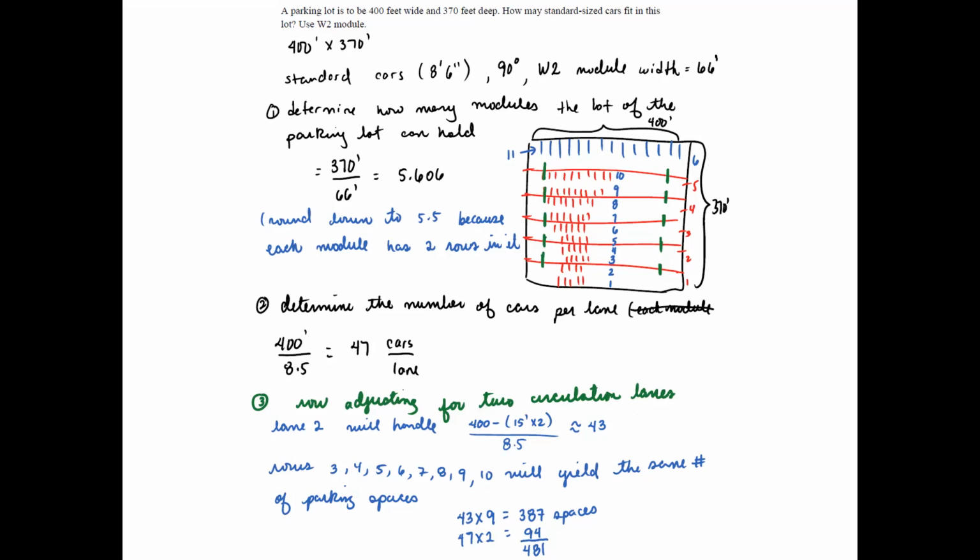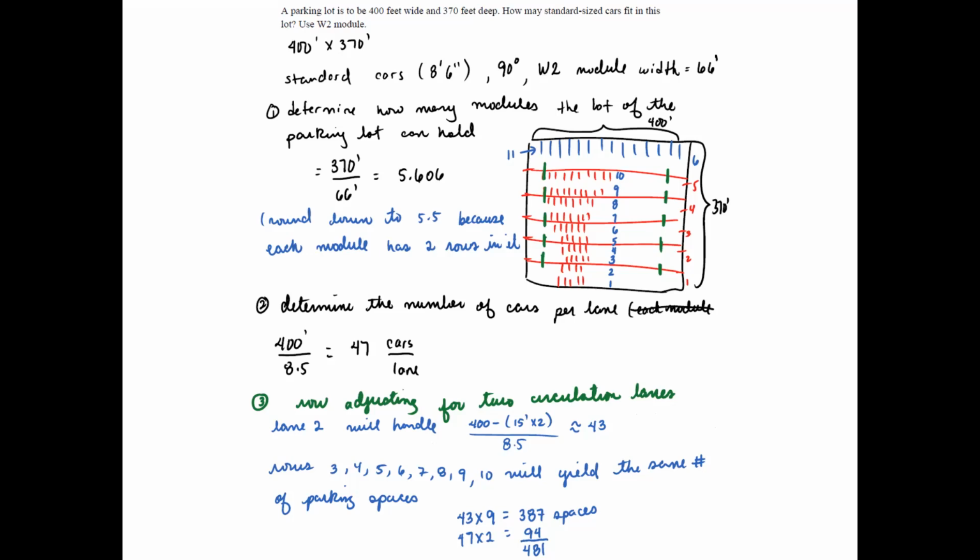So when you have an angle, you save some space. That will allow you to accommodate more cars. However, when you design with an angle, you are also, most of the time, limiting the direction of the flow.